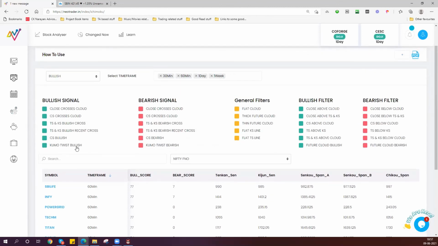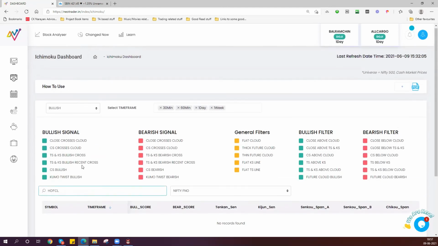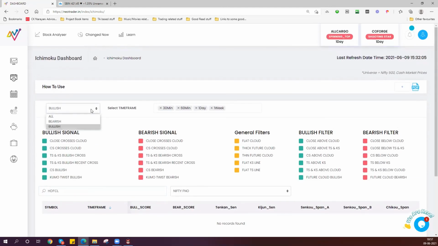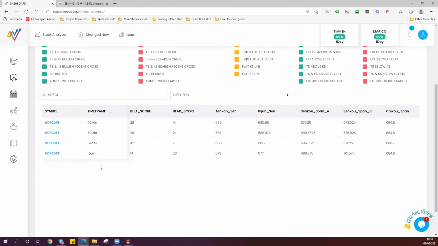And you can type out that name. Let us say you want to look at HDFC Life, for example, and here I will choose all, right? And I put HDFC Life, and here it will show you all the data for HDFC Life. So let's say HDFC Life, you want to know where to buy, and the price is currently at about 685, right?